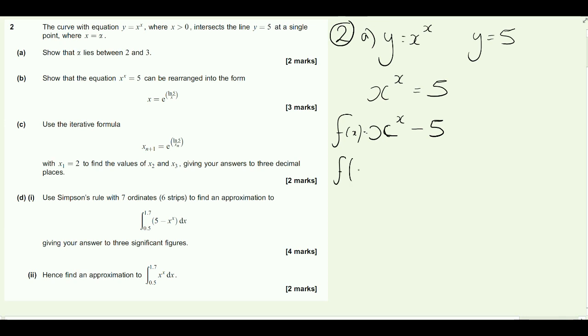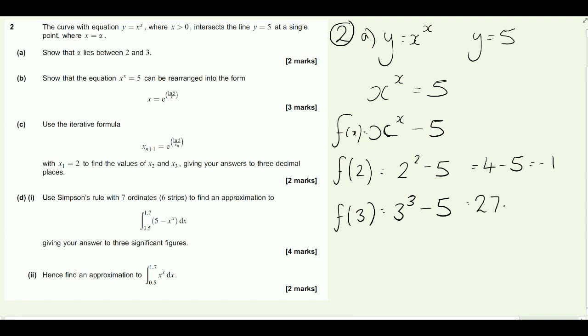So we're going to do f of 2, which is going to give us 2 to the 2 minus 5, and we're going to do f of 3, which is going to give us 3 to the 3 minus 5. So 2 to the 2 is 4, minus 5 is minus 1, 3 to the 3 is 27, minus 5 is 22.